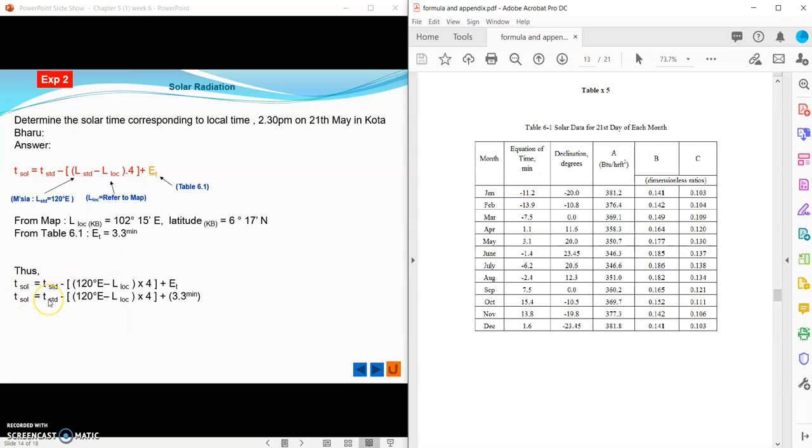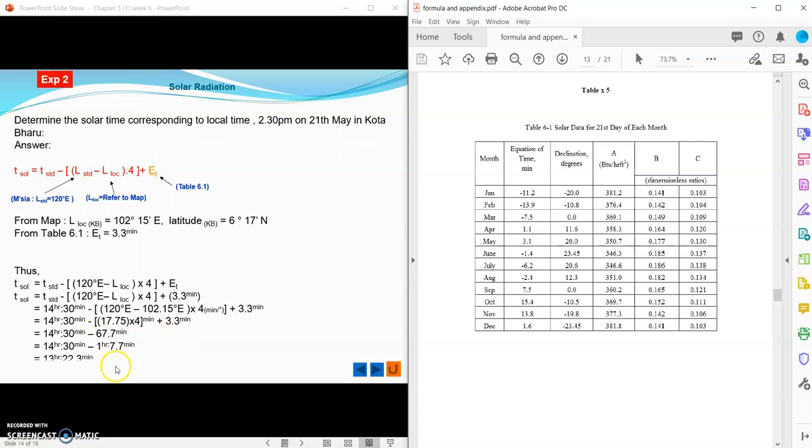Somehow we try to use this calculation. Please use 120 degree east: 120 degree east minus 102.15 degree east, times 4, plus 3.1. Using 14:30, do it one by one.